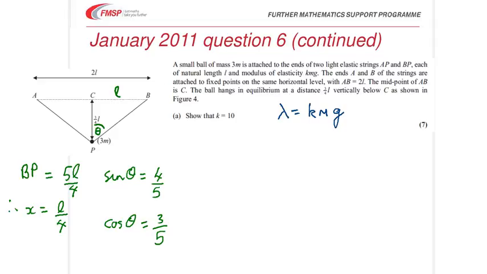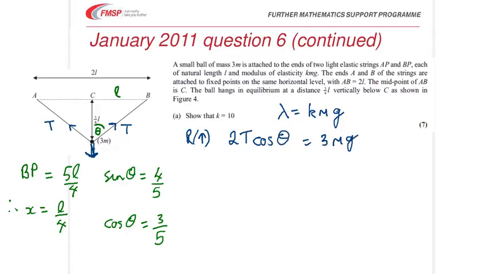So, resolving by symmetry, we've got T there and T there, and we'll have 3mg down there. So resolving vertically, 2T cos theta equals 3mg.